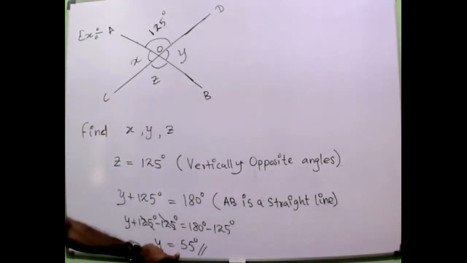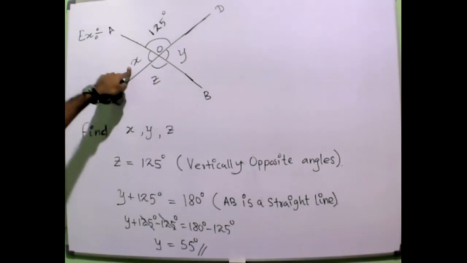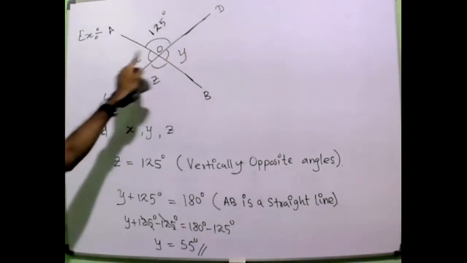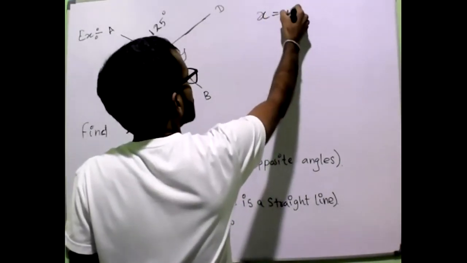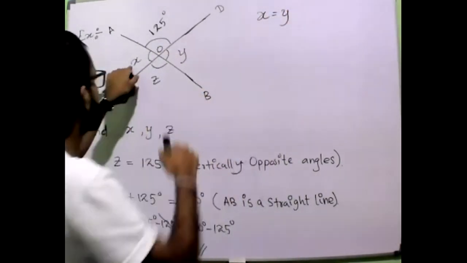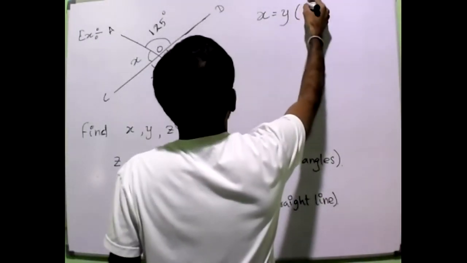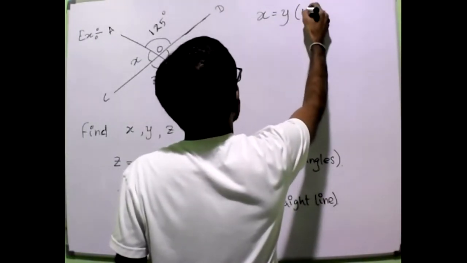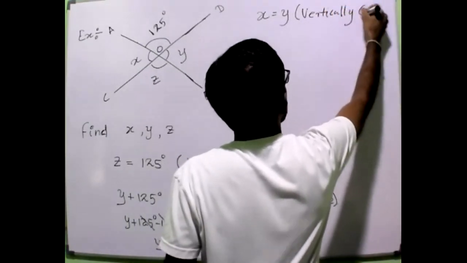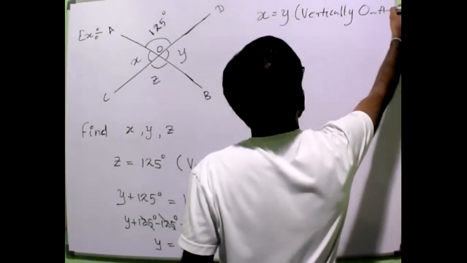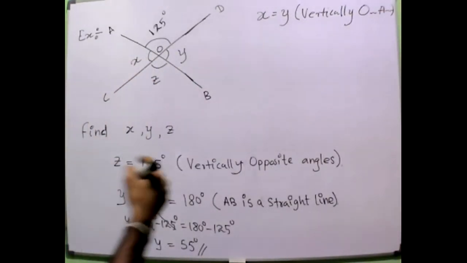If y equals 55, then you can say the value of x, right? Why? Because x and y are vertically opposite angles. I can write now x equals y. What's the reason? Vertically opposite angles, I'm not going to write the full thing, and like that you can write it down.